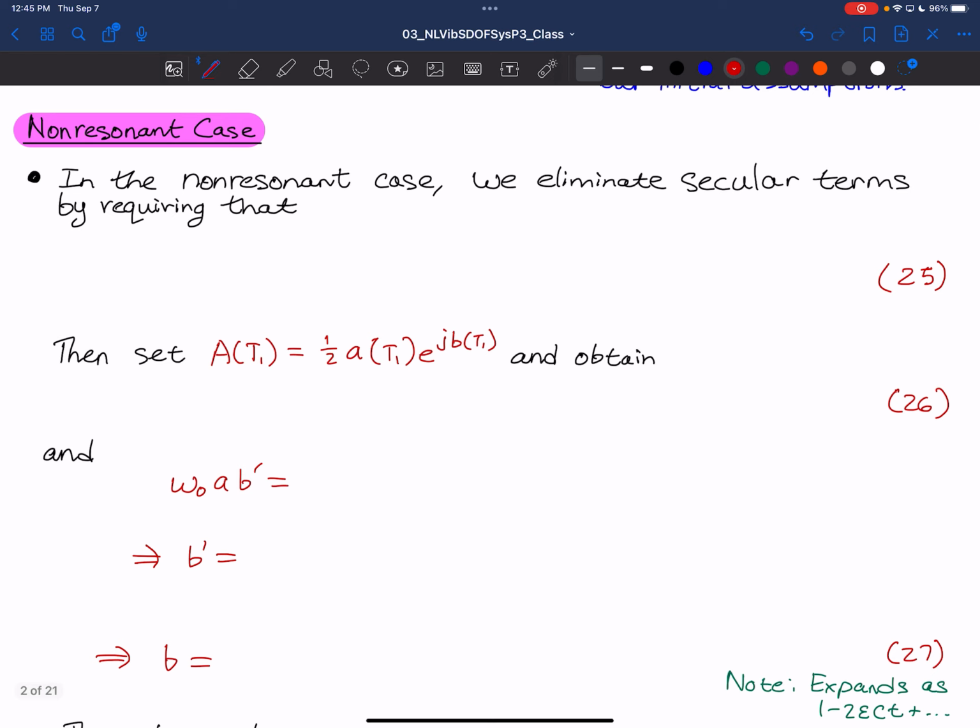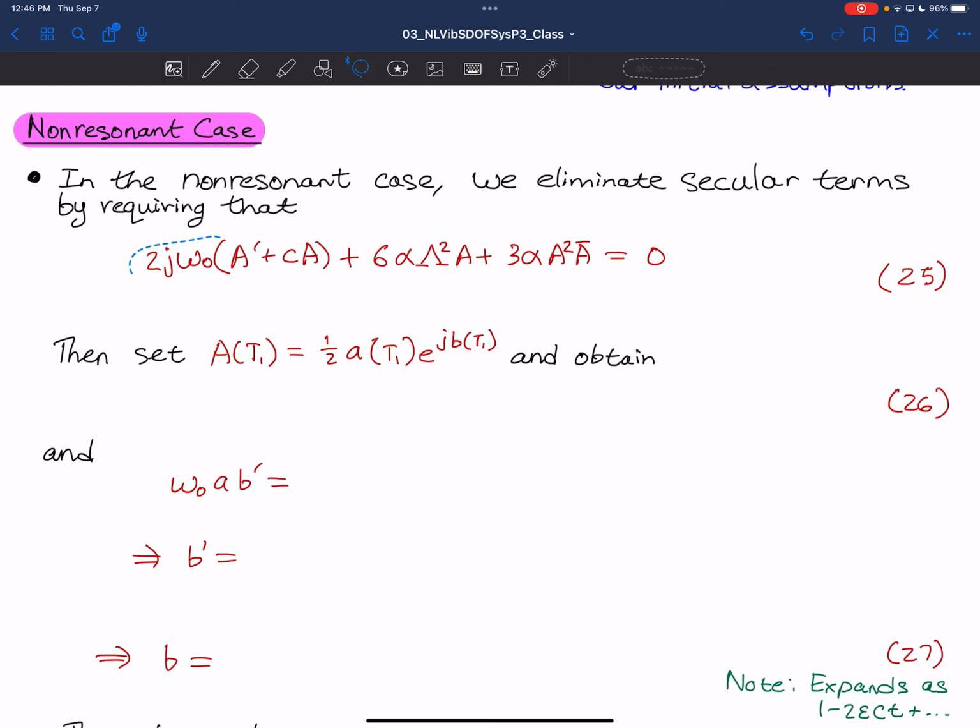Okay, so in the non-resonant case, we are going to eliminate the following secular terms. We'll have that 2j omega 0 times A prime plus cA plus 6 alpha lambda squared A plus 3 alpha A squared A bar. This equation must be equal to 0.